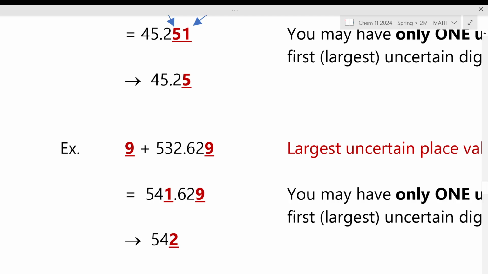Okay, let's take a look at this one here. I have the number 9, which just has one uncertain digit. And then I've got 532.629. So I have uncertainty in the ones position and in the 0.001 position, which means that the ones position is uncertain here.